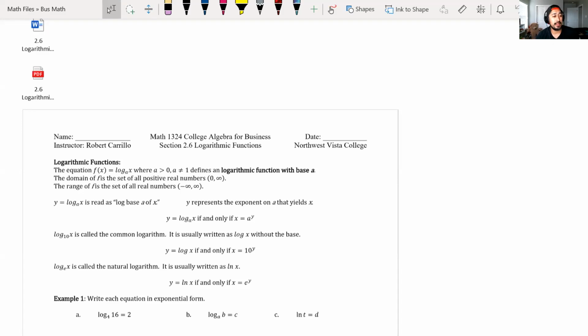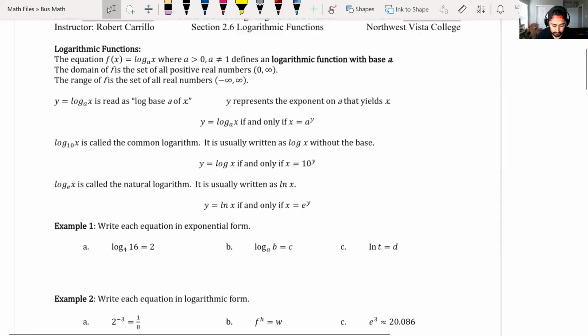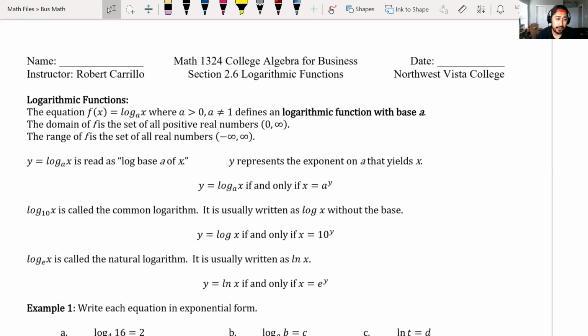Okay, but let's get into the definition of logarithmic functions. So down below, a logarithmic function is the equation f of x equals log base a of x, where the base a is greater than 0 and the base a can never be equal to 1.